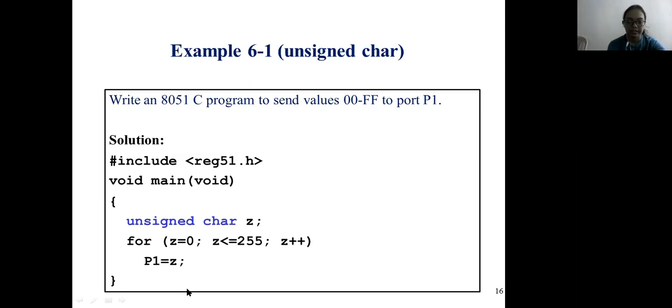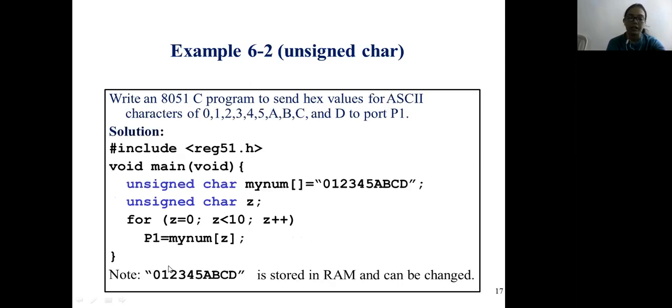So unsigned character Z: you are going to send 0 to FF values, so you define a for loop from 0 to 255, and every time you send the value of Z to port 1. This loop will constantly run up to 255 and send data from 0 to FF to port 1.